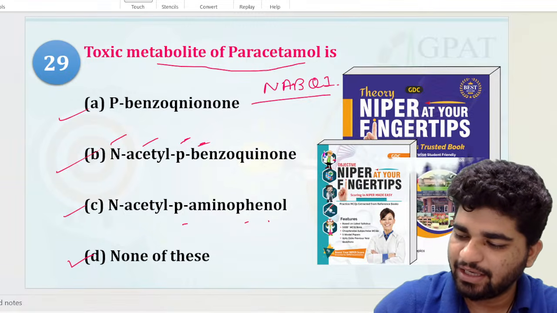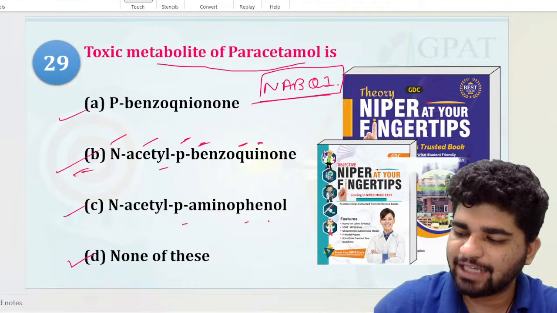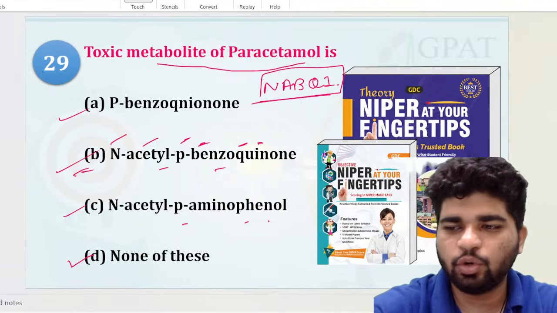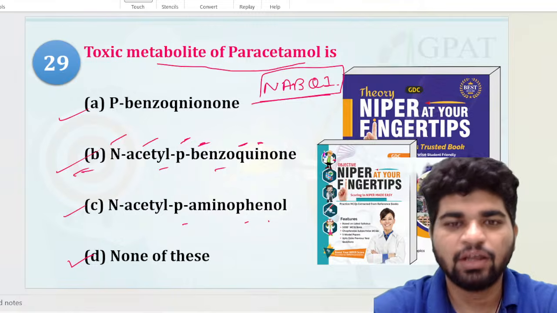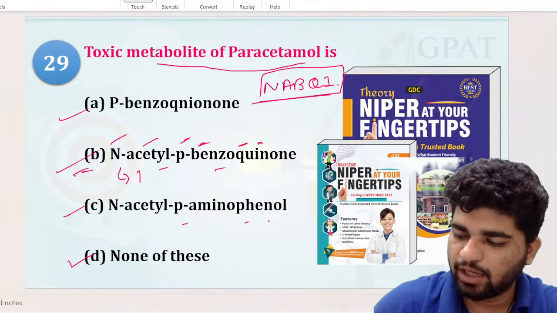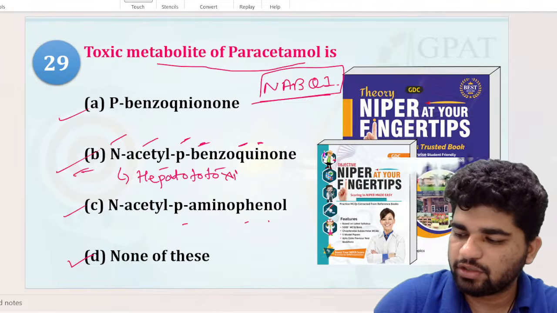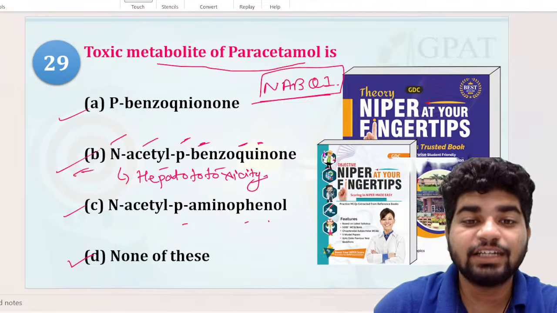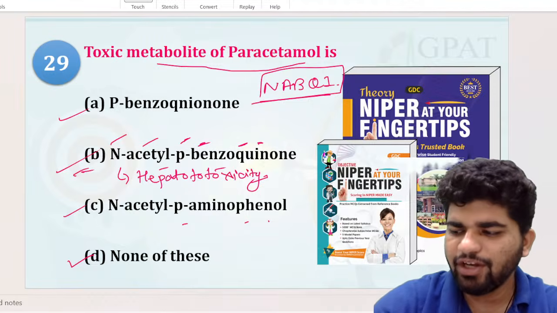That's your NAPQI. N-acetyl P-benzoquinone is going to be your correct answer as the toxic metabolite of paracetamol. And that leads to hepatotoxicity.